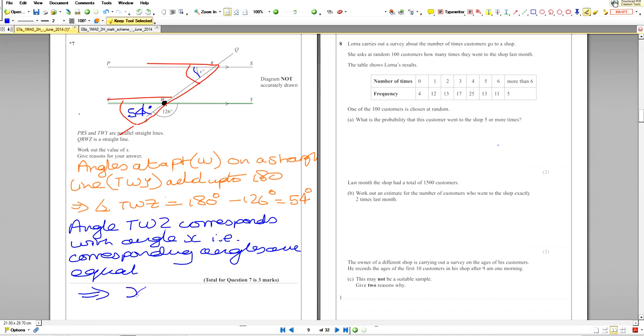Therefore, X is equal to 54. Are we happy that X equals 54 then? Yeah. And that's the reason why?